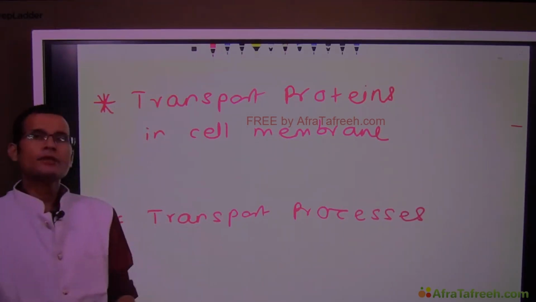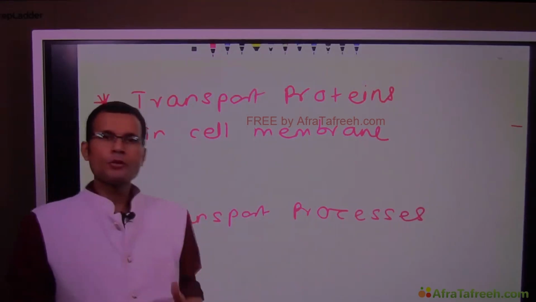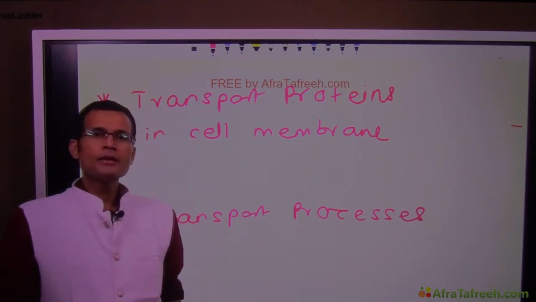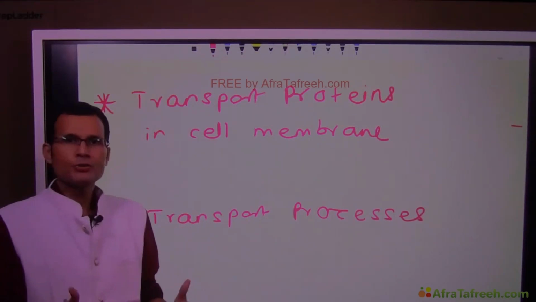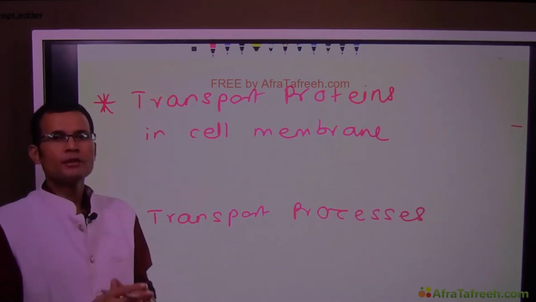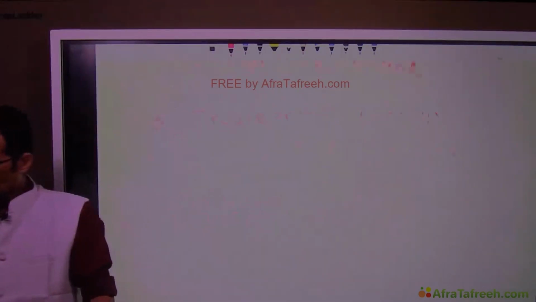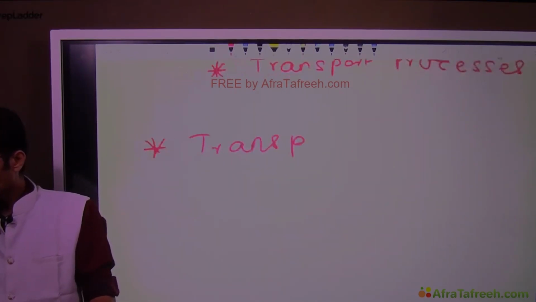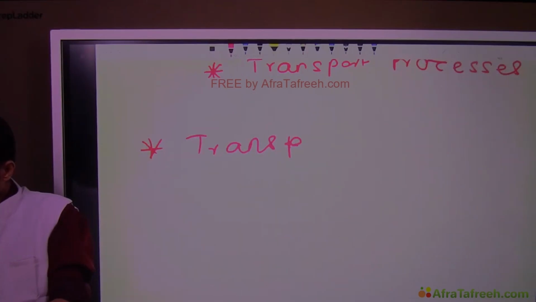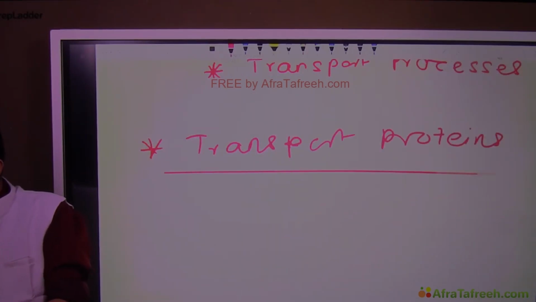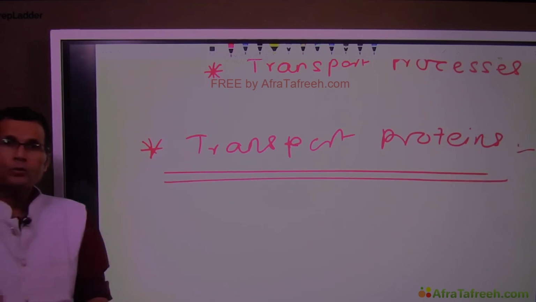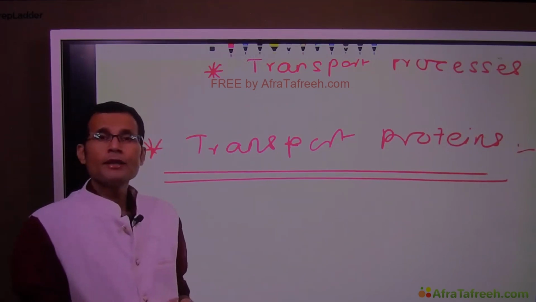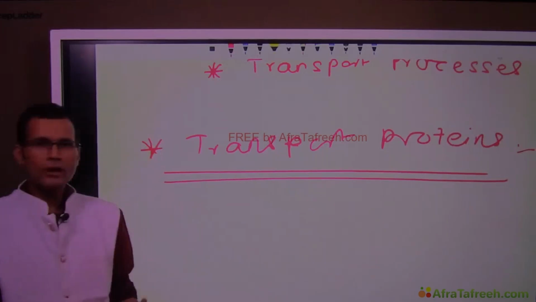Immediately after that, we will discuss transport processes through the cell membrane so that it would be contextual and we will be able to correlate the things better. So let's start with the first part, the transport proteins in the cell membrane: the proteins that allow the transport of various substances through the cell membrane.